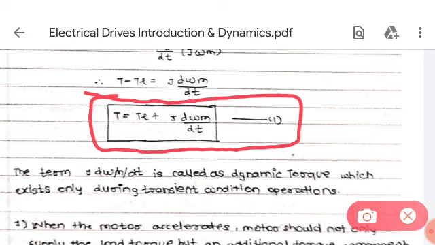Means T minus TL equals J d omega m by dt, that is one form, or this form, T equals TL plus J d omega m by dt. Actually it could be plus or minus. The sign of this dynamic torque depends on the magnitudes of the motor and load torques. So this is about the fundamental torque equation of the motor load system, or a drive.